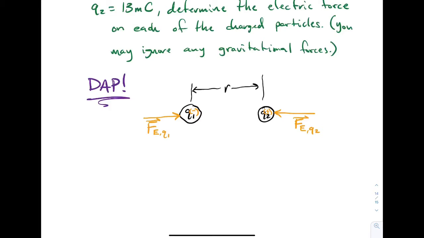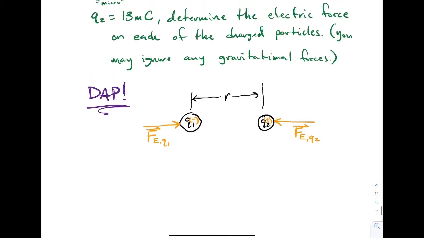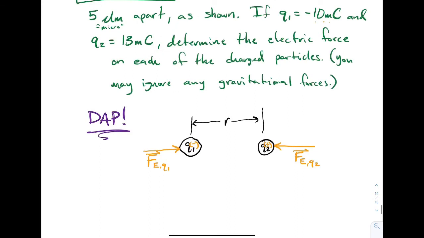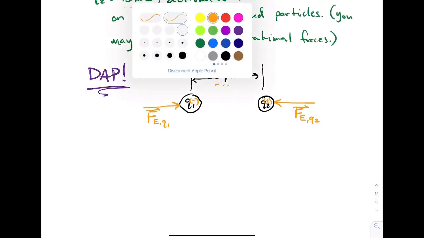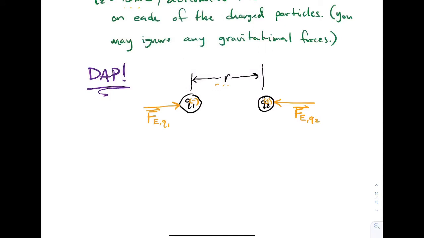But if we were to plug into the equation, we'd also see that because we'd plug in the same charges and the same distance, we'd of course get the same numeric value. But in our picture, we can also see that these are going in opposite directions. So something I'm going to show on here is that we're just going to make this direction our positive x direction, just to have some positive and negative values if we need them.